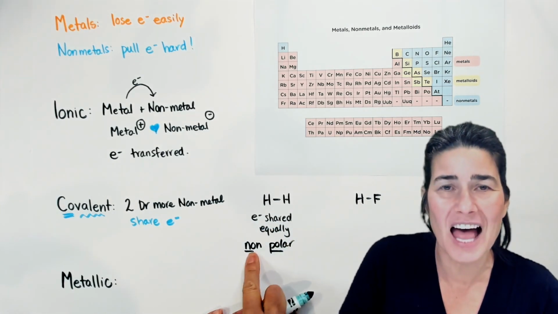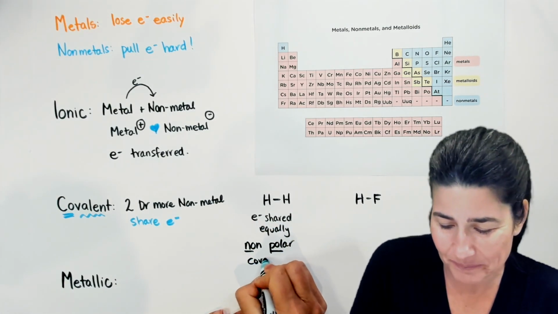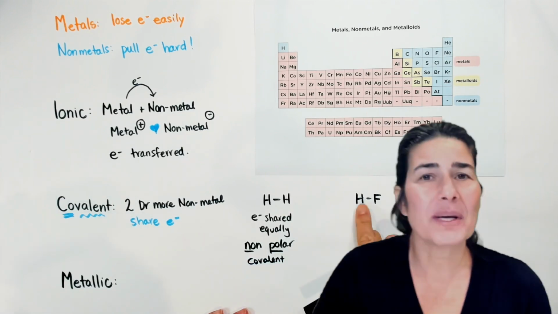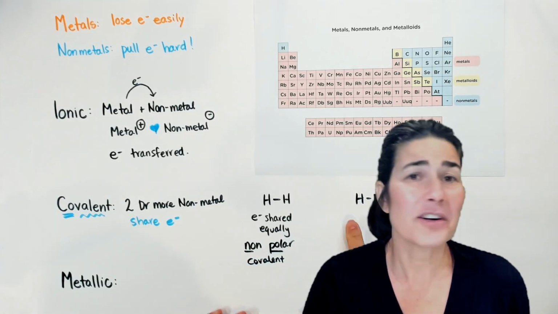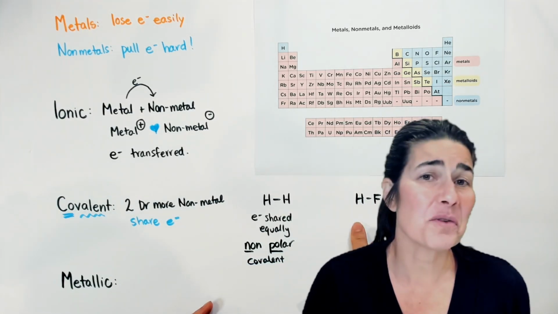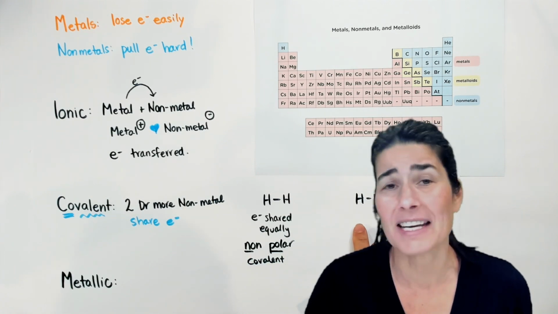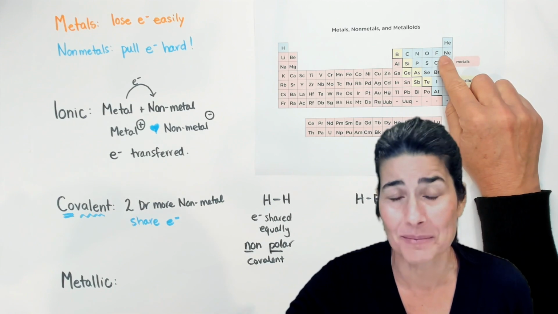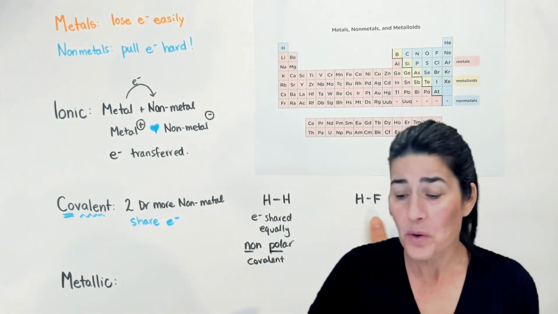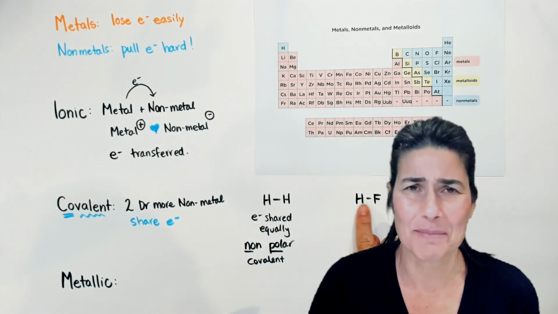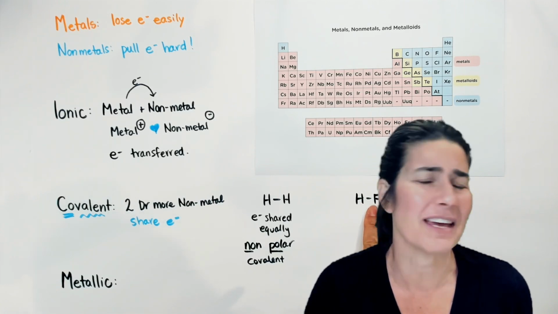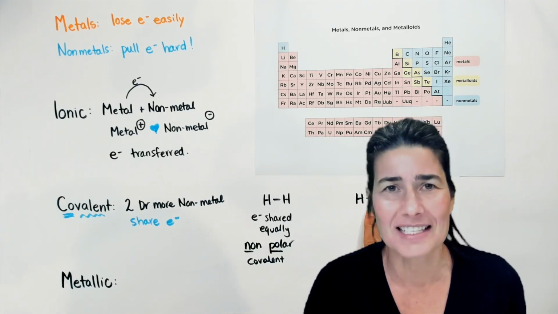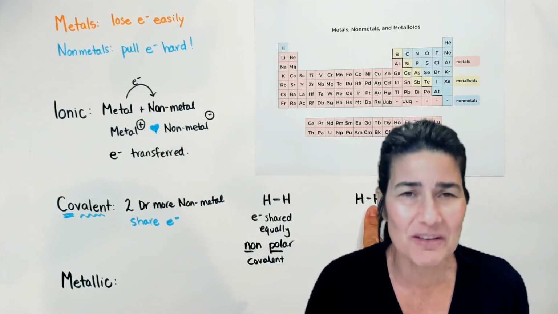No pull, nonpolar covalent. However, between hydrogen and fluorine, they're not the same element. Therefore, they have different electronegativities. In fact, fluorine has the highest electronegativity out of all the elements altogether. So between them, if they're not the same element, rarely do they have exactly the same electronegativity. They're going to pull differently.